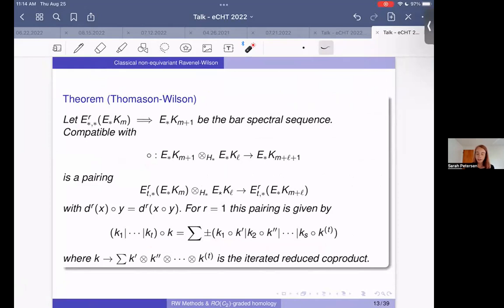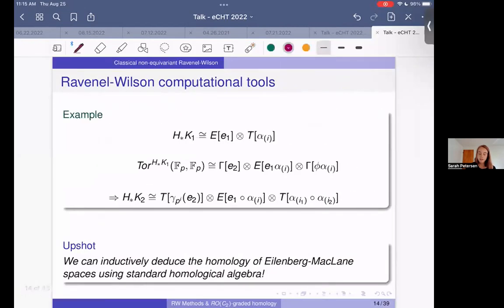So what to take away here is that if we're trying to compute the homology of the K(m+l) space, we can do so by taking elements that appear on the E2 page here and identifying them in terms of elements we already know. And this pairing gives a very explicit way to do that. So in an example, if we're starting with the space K1, which we have the homology of, then we would write down the E2 page for this spectral sequence.